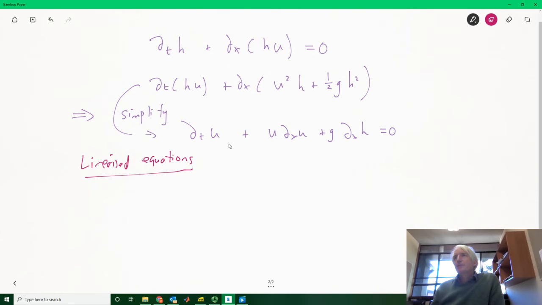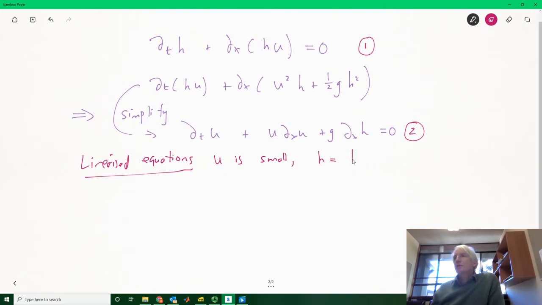So what that means is, remember this is equation 1 and this is equation 2. When we linearize, we basically get rid of multiplications by this term here, multiplication by u, and we say u is small, okay, but h is not small.